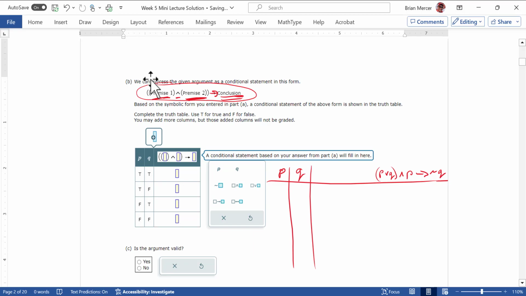Now to do that, we're going to have to build some things. We need to know a few extra columns. I didn't quite give myself enough room.